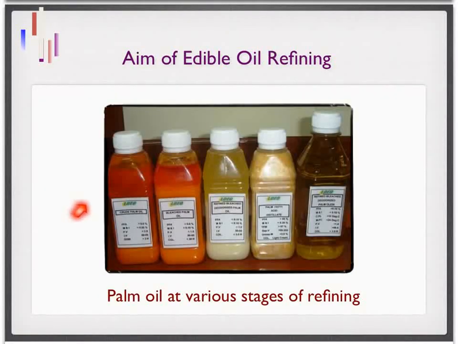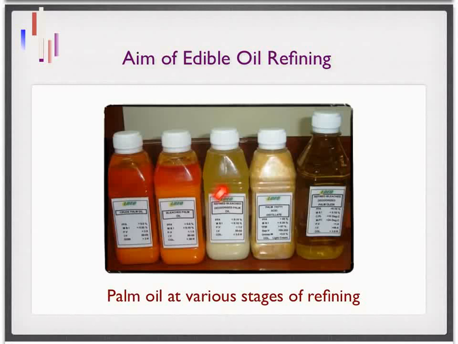In this picture, you can see various palm oil products at various stages of refining. So for example, on the left here, this is a crude palm oil. Then after the bleaching stage to remove the pigments, you can see the color is lighter. So this is a bleached palm oil. Then in this picture, this is actually after the bleaching and deodorization to remove the fatty acids.